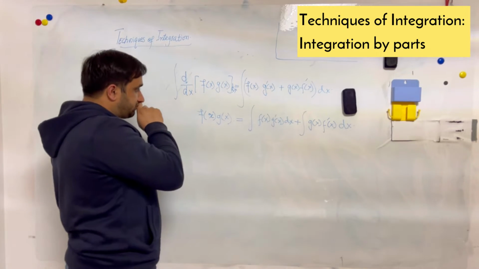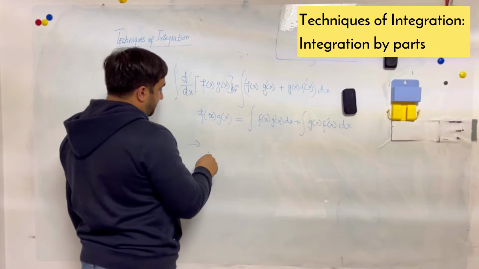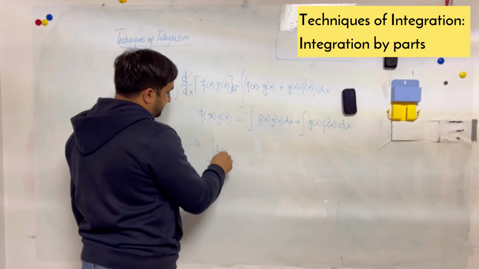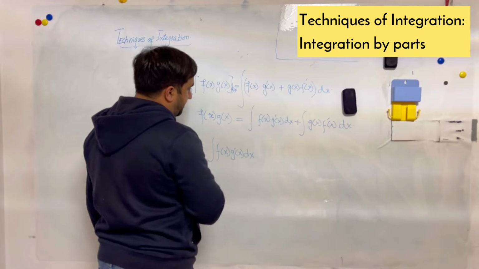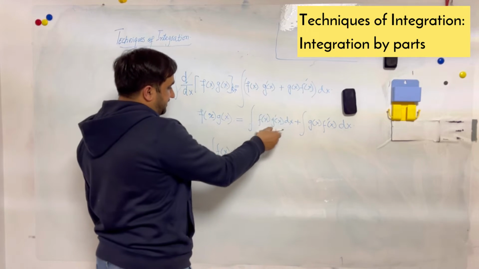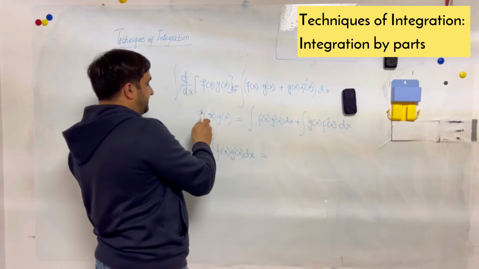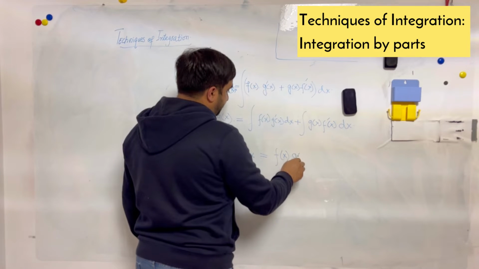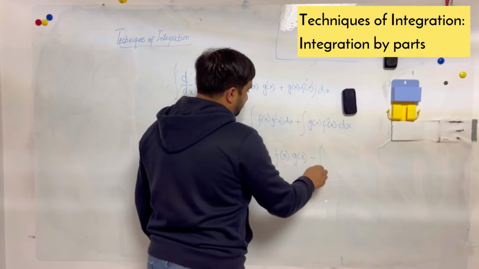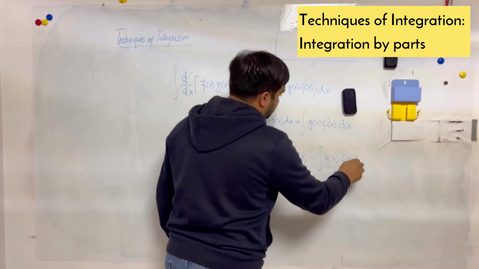Now if I write this equation with f of x g dash of x dx on one side, and put this other term on the other side, it becomes f of x g of x minus integral g of x f dash of x dx.